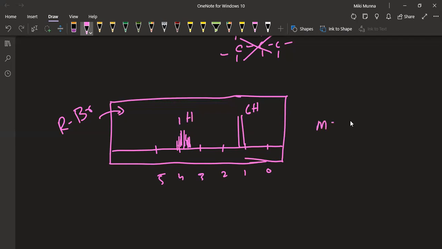And the M to M plus 1 is given as 5.9 to 0.2. Anything else given? No, nothing else is given. So pause the video, try it yourself, and the rest we will try together.